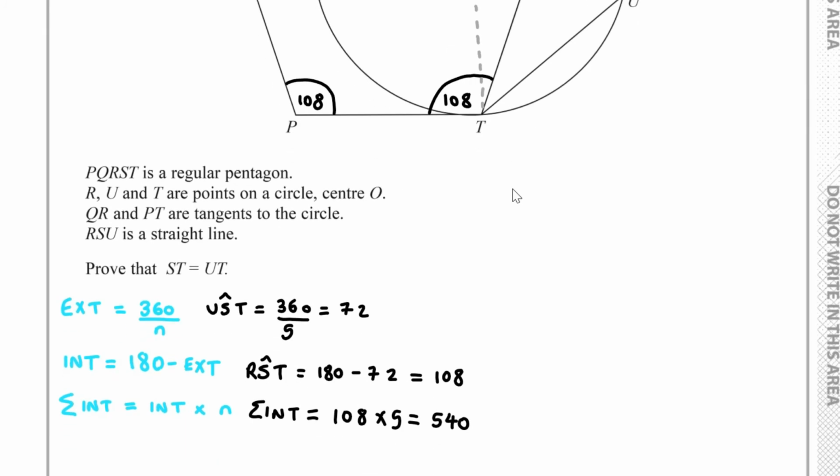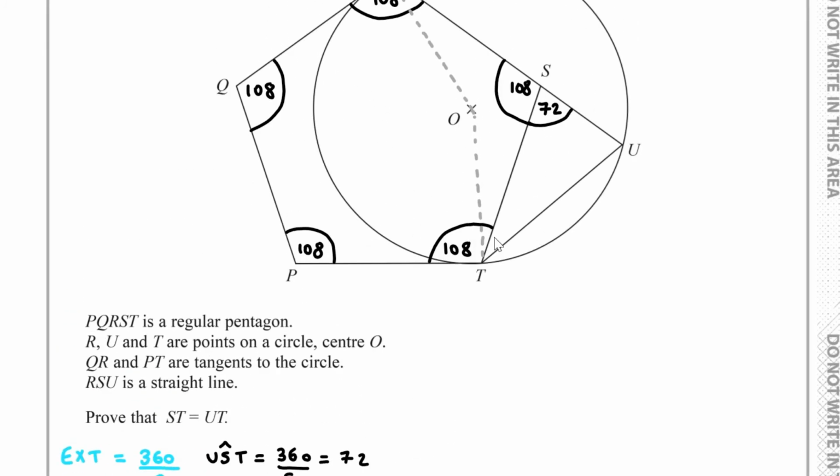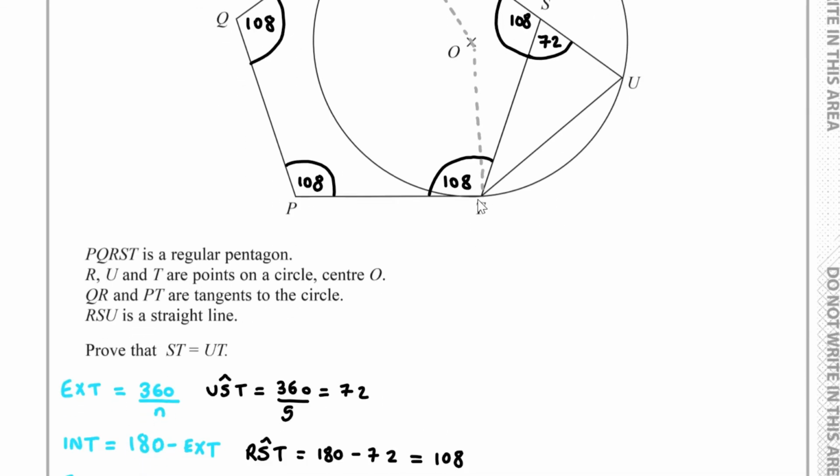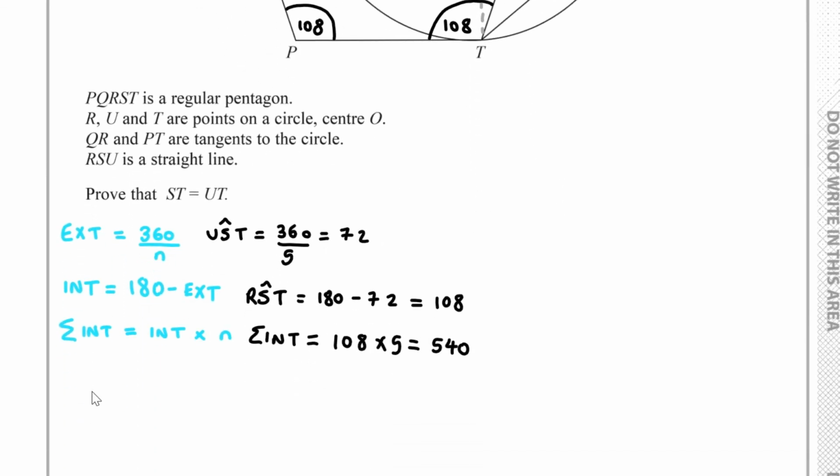First of all, we know that the angle PTO is equal to the angle QRO, which is equal to 90 degrees, and that's because the radius and the tangent are perpendicular.